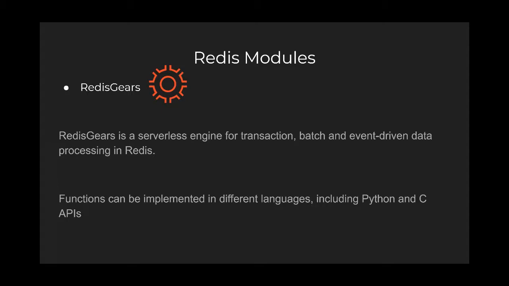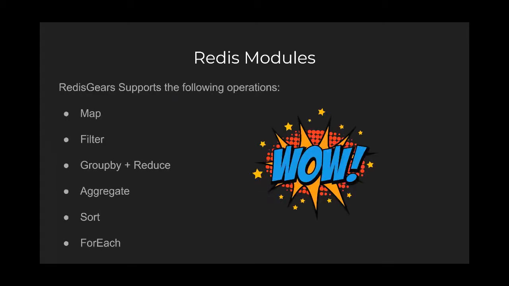These functions can be implemented in different languages such as Python or C API. Redis Gears supports the following operations, which are map, filter, group by, reduce, aggregate, sort, and for each. So it makes it really easy for the user to use these.